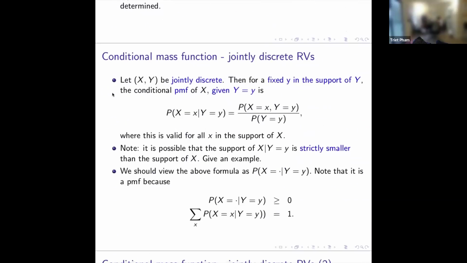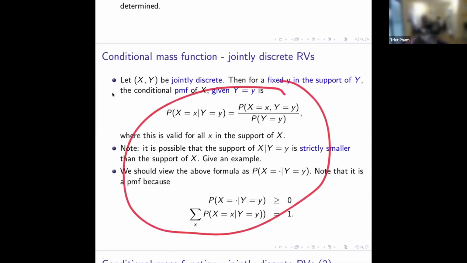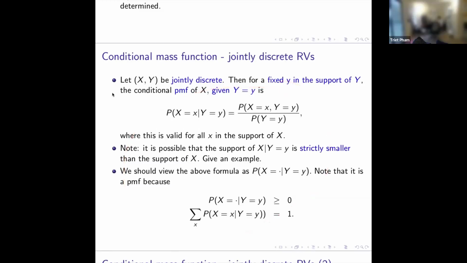Now, as I said, the formula is straightforward. Conditional is joint over marginal. However, the challenge again is in the interpretation. Y is supposed to be fixed and the X value is supposed to be changing, which is not really shown in this formula.